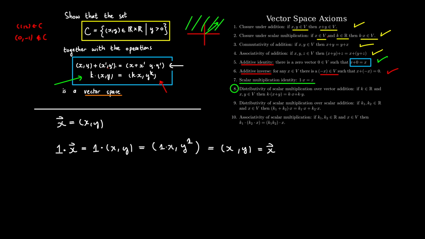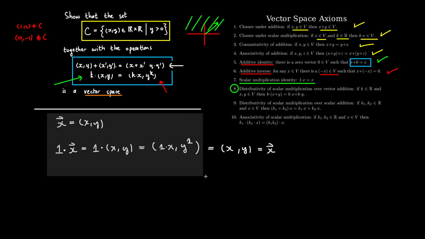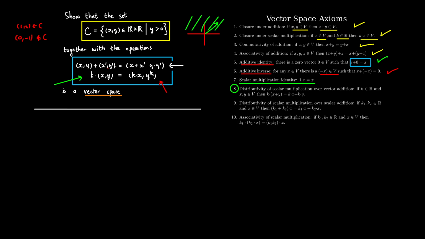Okay, so distributivity of scalar multiplication. So we're given a scalar. We take a general scalar, general number k, and then we take two vectors. Let's say x here is equal to x1, y1, and y here is equal to x2, y2.